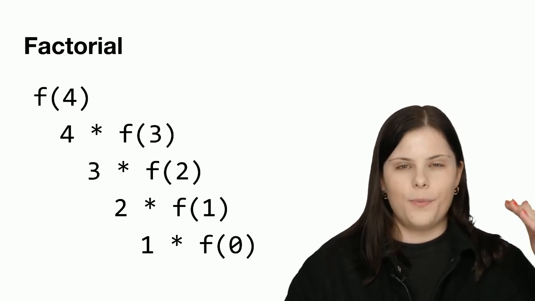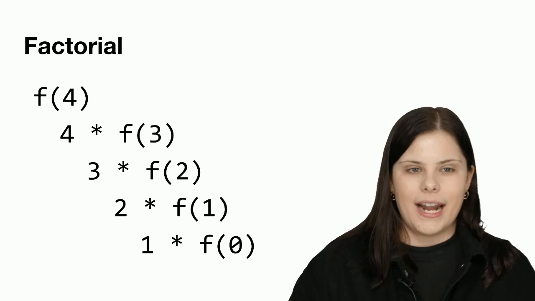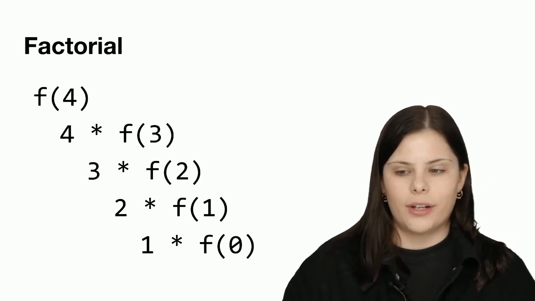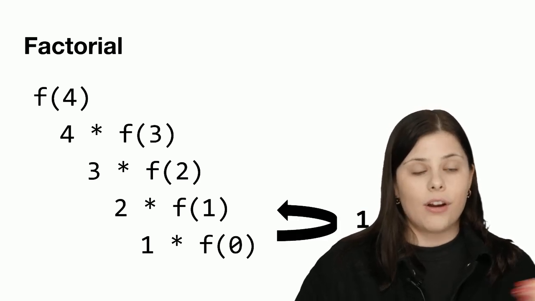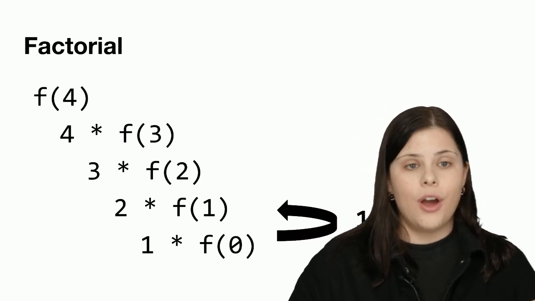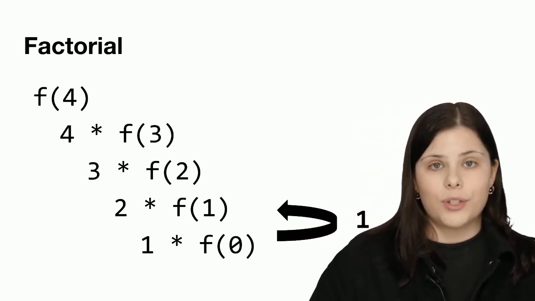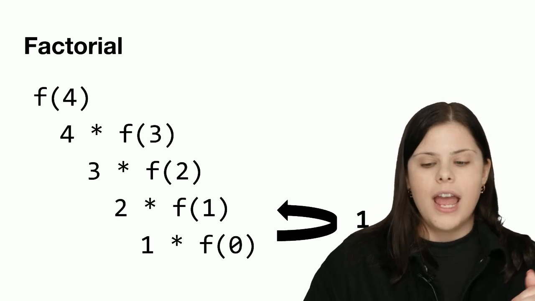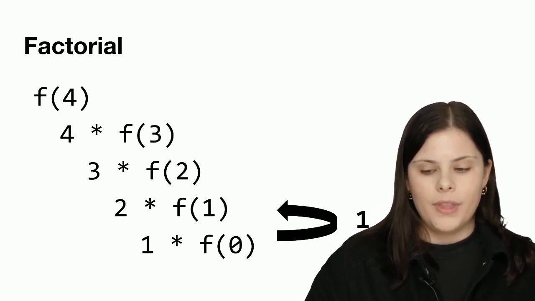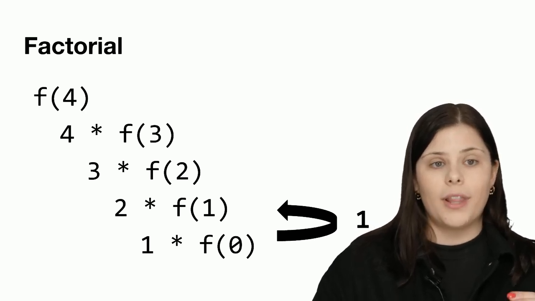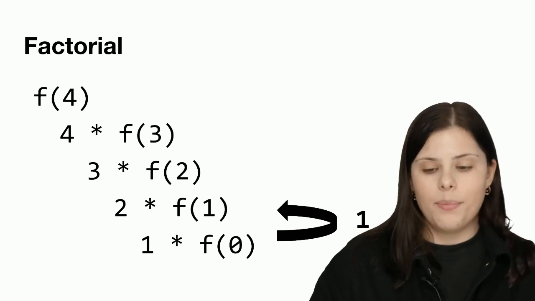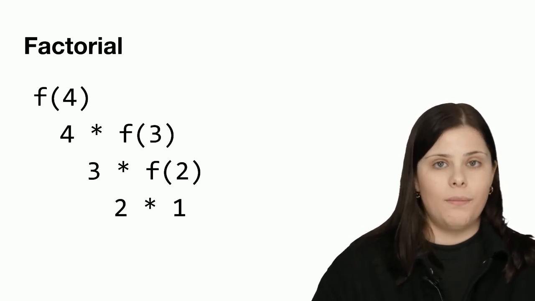So if we expand it like that, how do we put it back together? Well, we can notice that the very bottom line is going to return 1, right? The factorial of 0 is 1, and then we're multiplying it by 1. So if we take the output of the very bottom line and plug it back up, we will get 2 times 1.